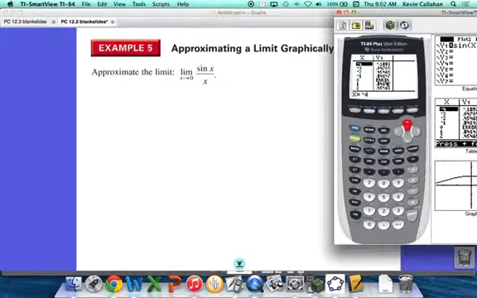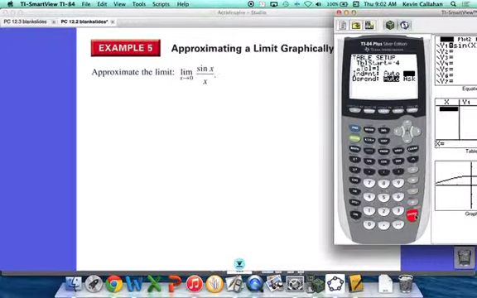Right? At x equals 0, it's an error. But does it look like it's approaching a number? Let me do this. Table set. Let me set it to ask. So we get the same kind of table of values that they would.